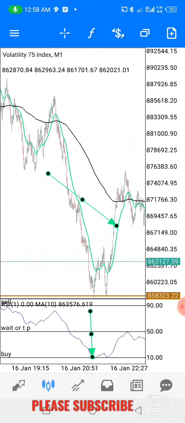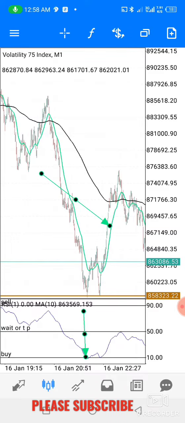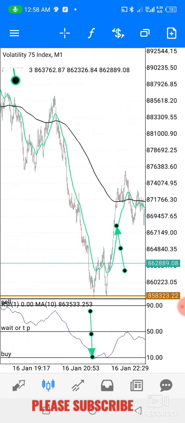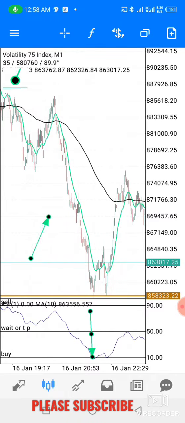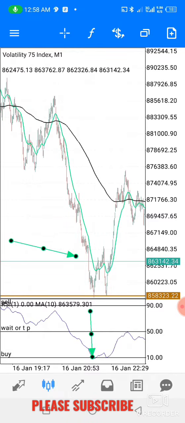So I've told you, when you buy, you see, it's buy. Do you know why I say you shouldn't buy on the first retest to level 10?